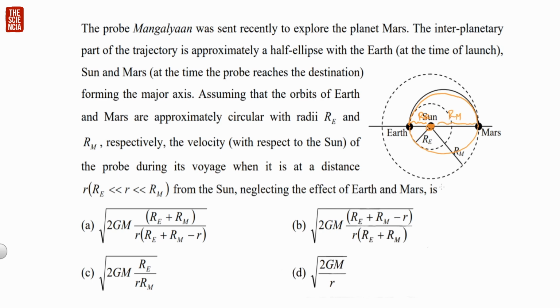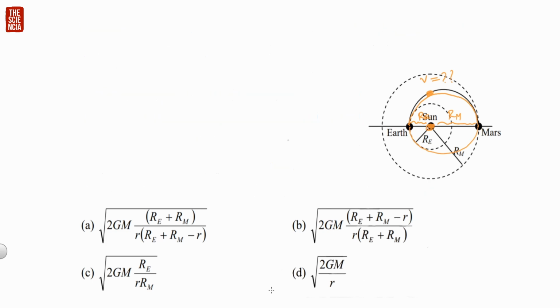And they are asked to find out the velocity of this Mangalyaan at a distance in between RE and RM. So at this position, we have to find out this velocity. That is the question. And in the question, this is R, and R is greater than RE and less than RM. So we have to find out the velocity when the Mangalyaan is at position R, right?